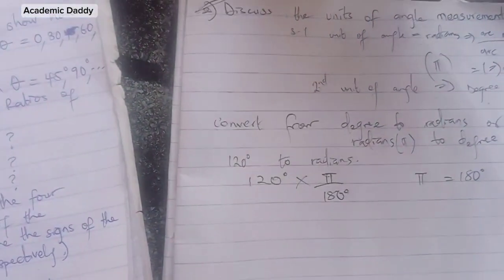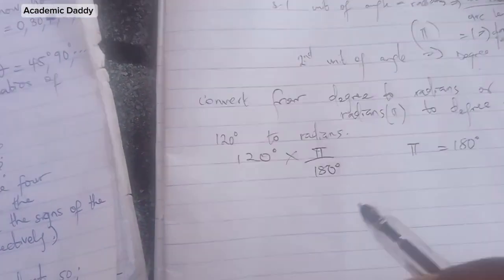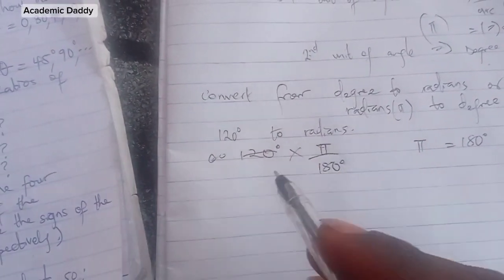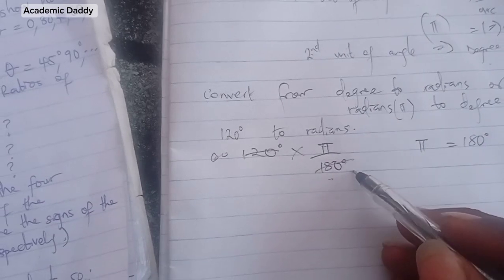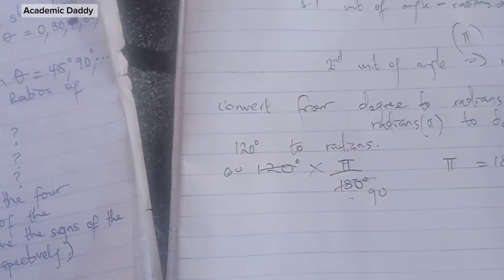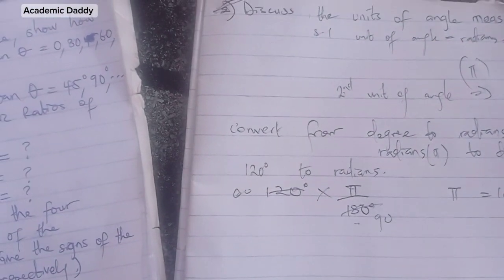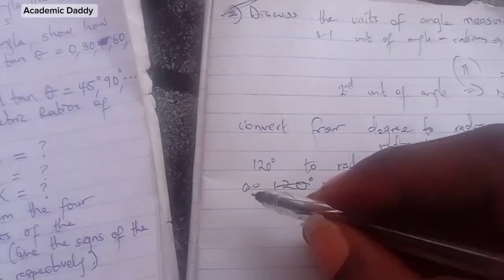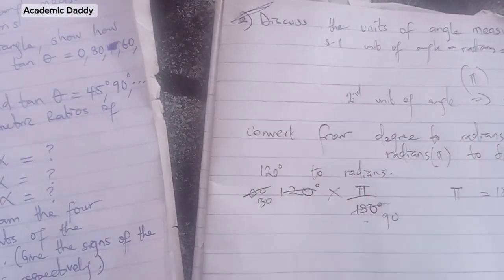So you can see that if I divide by 2 here, I get 60. If I divide by 2 here, I get 90. If I still go on and divide by 2 here, I get 30.